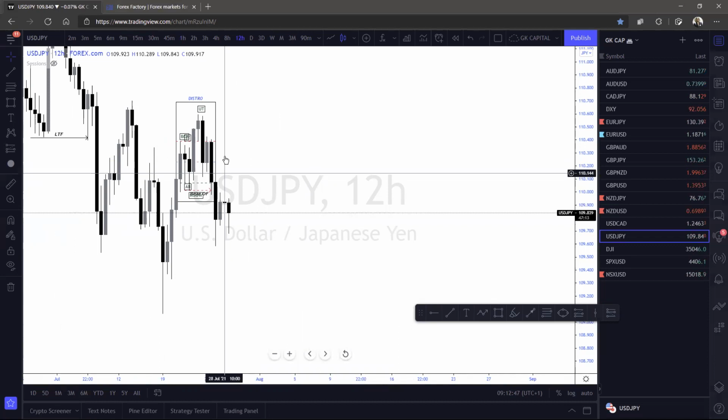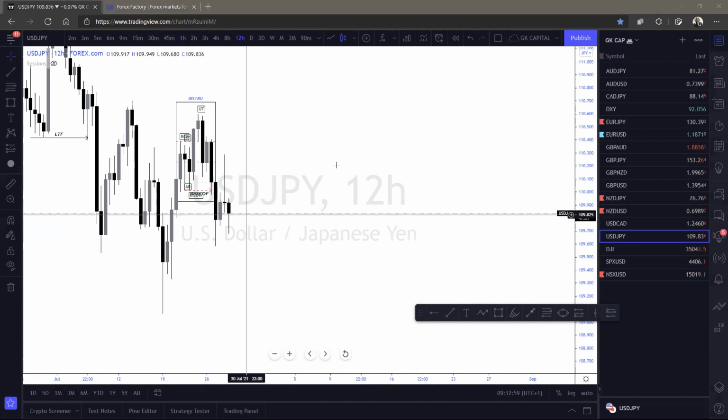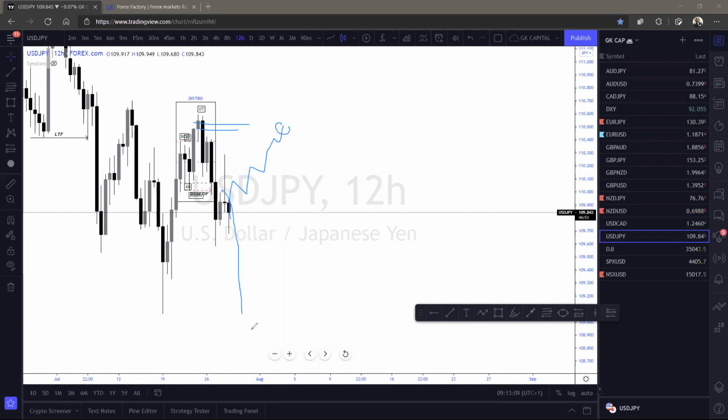Tapped in at FOMC news, couldn't really look for schematic simply because the price was just rushing. So I'd have to wait and see if we can come back up into the extreme? That'd be great. Right now, it can come back down, make a new low, and I'll wait for that as well. So those are my two areas, two kind of attack.